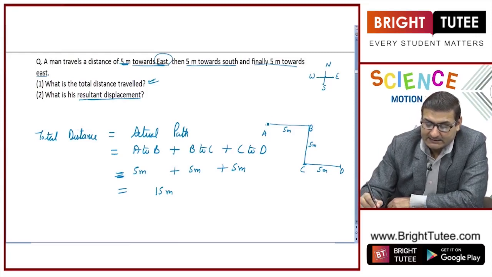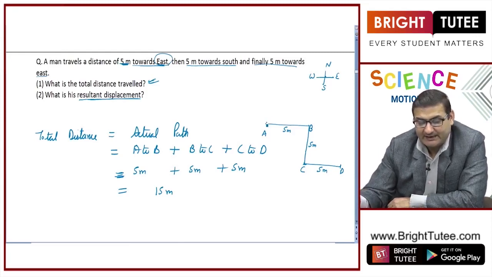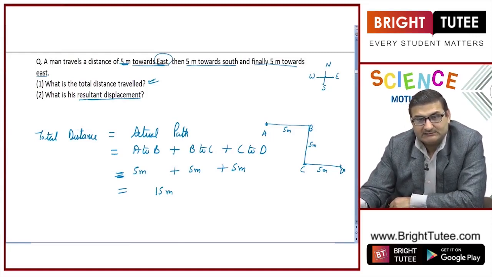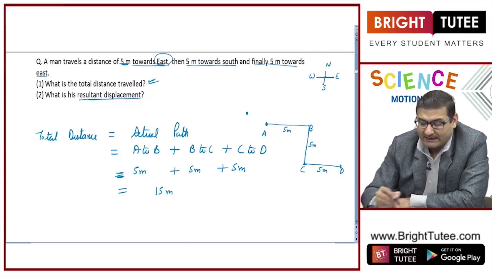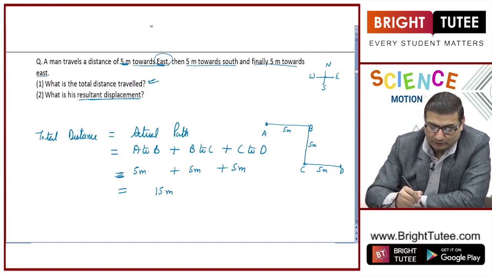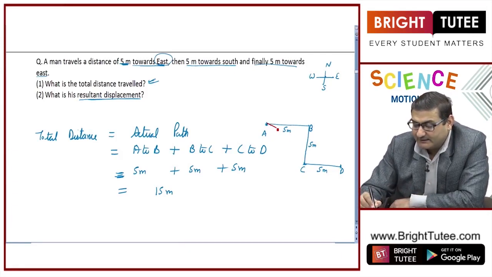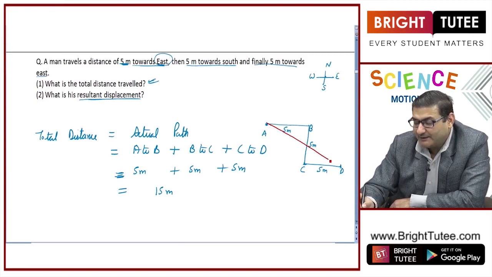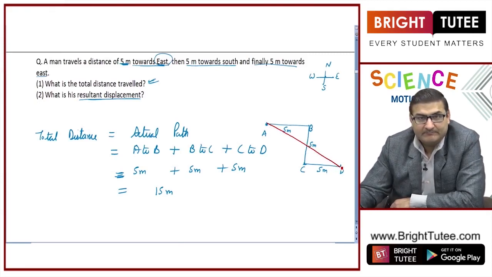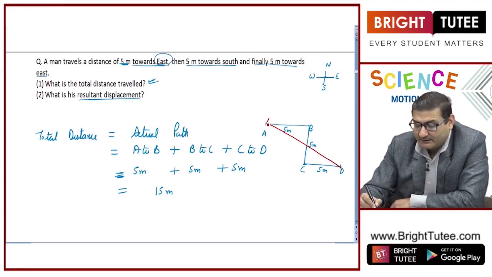This man has started from this initial position A, ended up in this final position D. So, if I want to know the shortest distance, I have to join this particular point A and this particular point D. So, I need to find this AD.